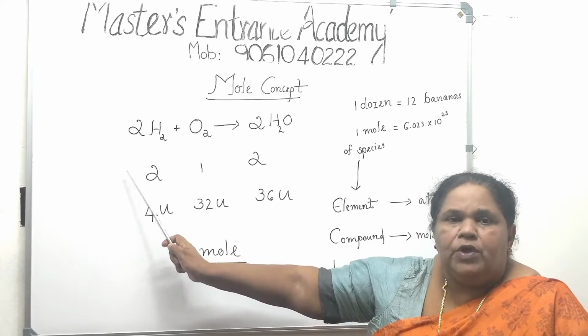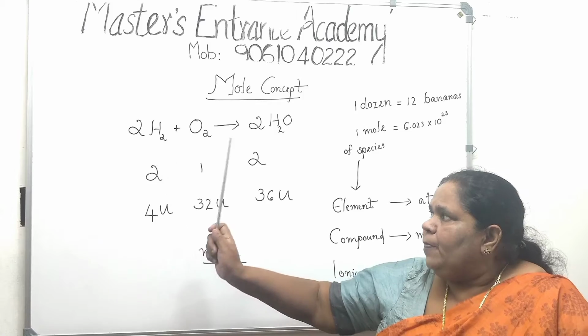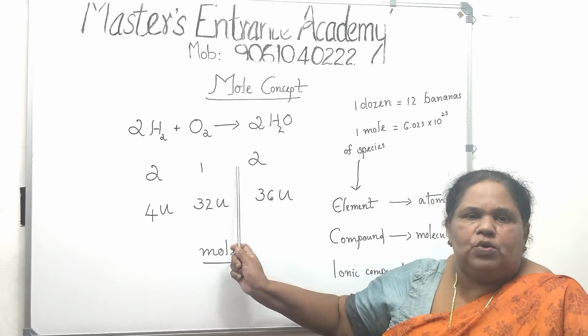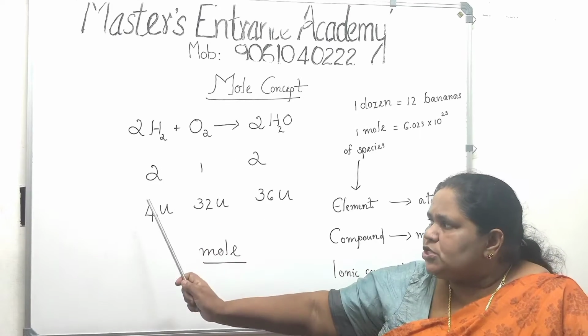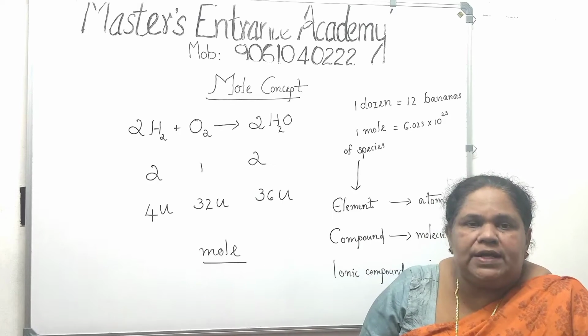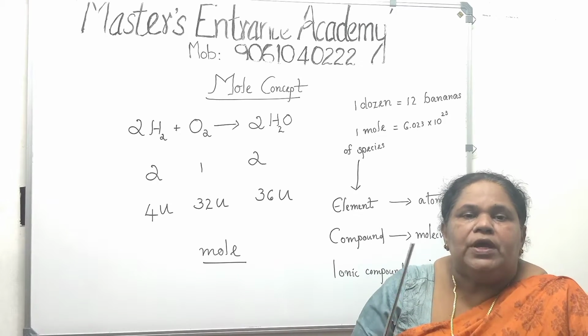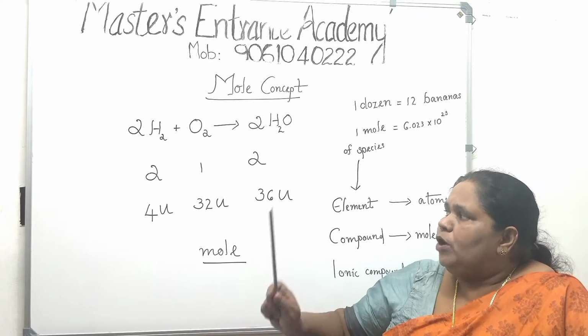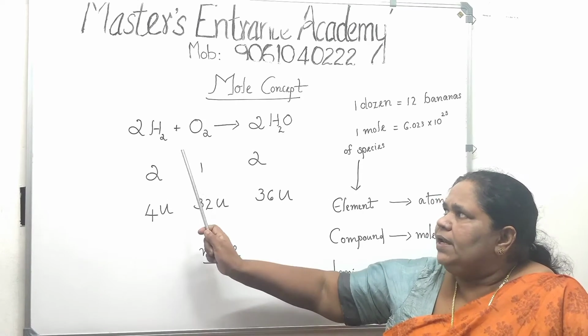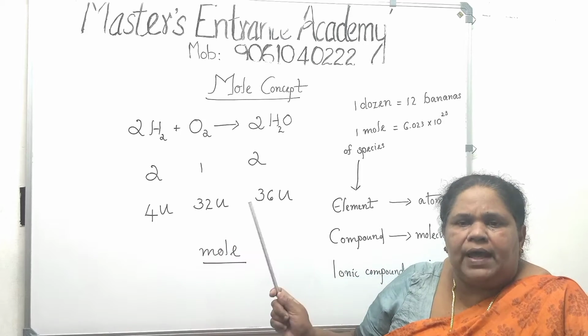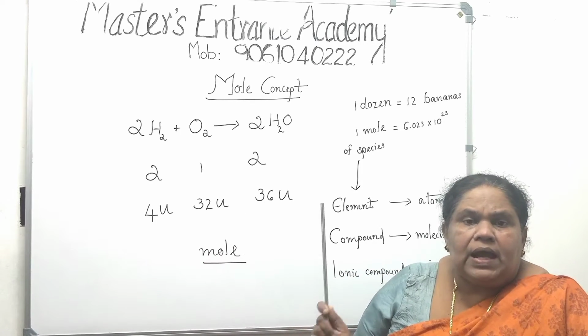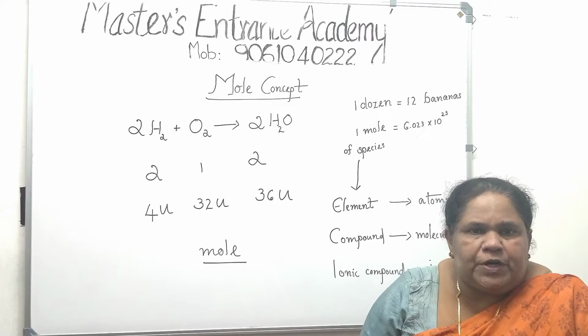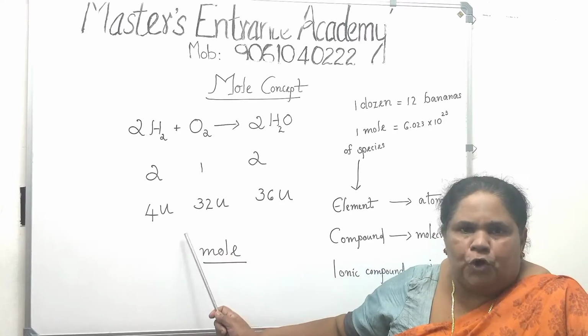Interpretation 1, we are considering the number of molecules. Interpretation 2, we are considering the mass of different particles. So the amount of substance in a given chemical reaction can be conveniently expressed in two different forms.